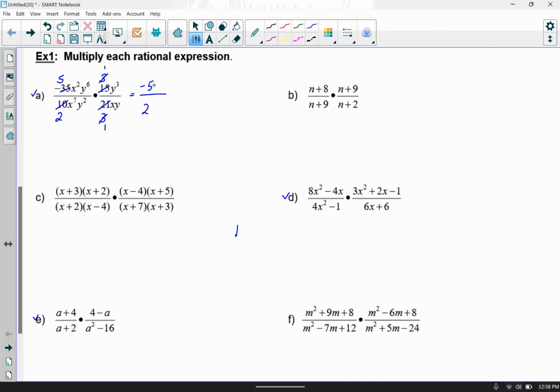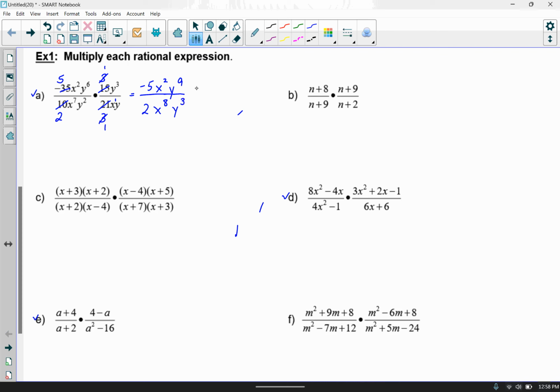I think I'll find it easier to just multiply my letters up top and then reduce in the next step. When you multiply, remember, you add your exponents. So this will become x squared y to the 9th up top. And then on the bottom, I have x to the 7 plus 1, so x to the 8, and y to the 3rd.